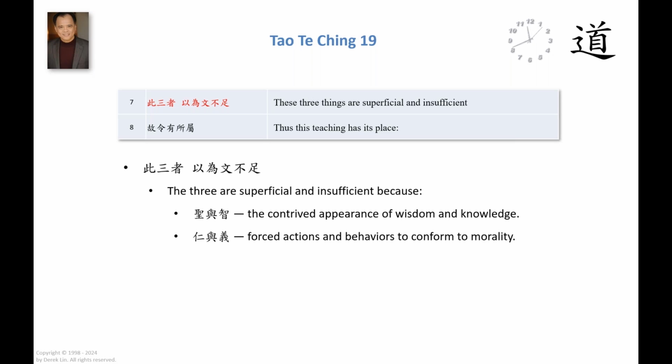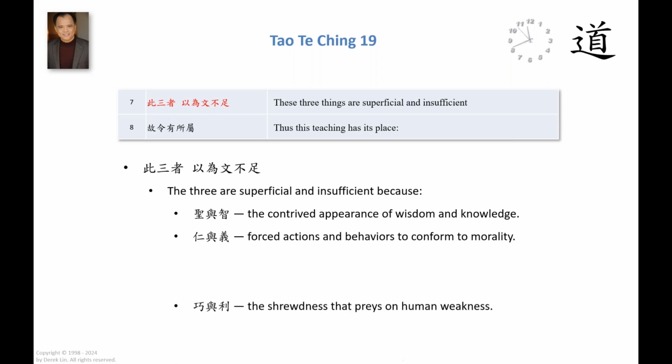These are forced actions and behaviors to conform to morality that is being preached. It can be negative, insufficient. How? Because you and I can end up with hypocrites who teach virtues and morality while failing to practice what they preach. So the reminders are not a bad thing in themselves. Emphasis is not a bad thing in itself. But they are not the Tao. They are not the ideal of natural goodness.